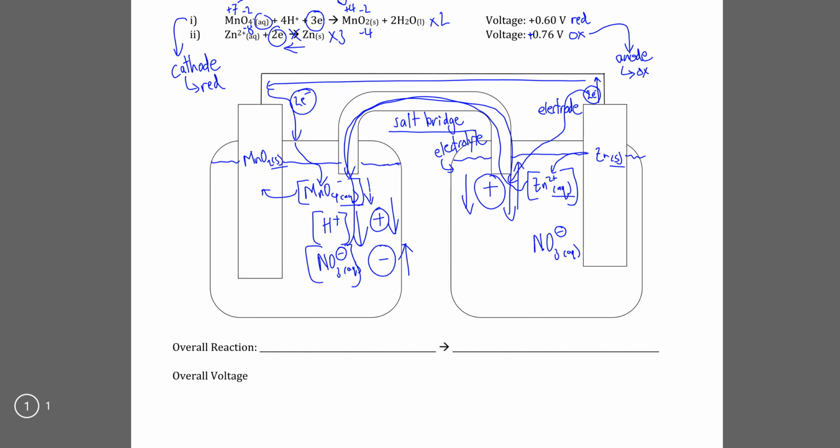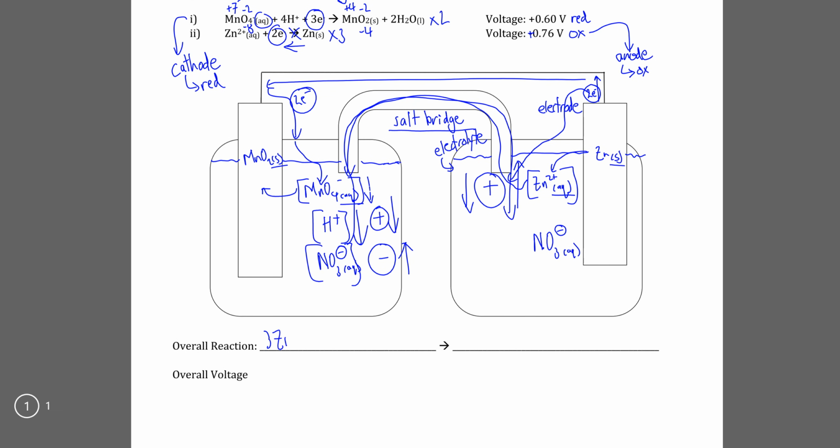And if we write each of those down here, we would have 3 zinc metal atoms plus 2 permanganate polyatomic ions plus we have 2 times 4 is 8 H+ in the reactants, and then I'm not going to bother writing out our electrons because they of course cancel, and then if we write out our products, we have again 3 Zn2+ ions, and then if we take the products from our reduction reaction, we have 2 manganese dioxide and 4 water molecules, and you'll find if you count up the total charge on both sides, you find that it should balance.